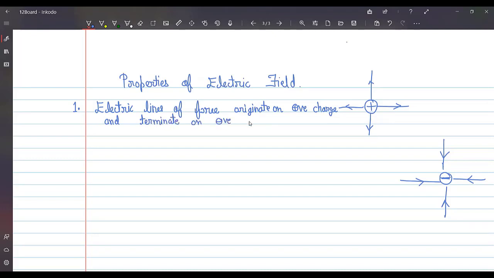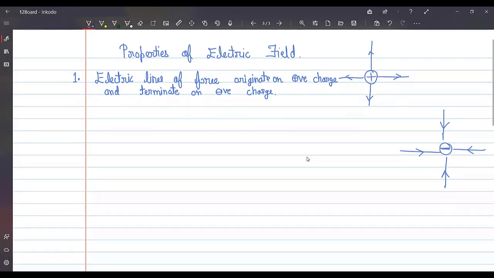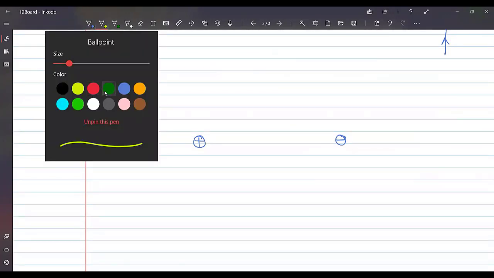That is the first property. So if I draw this, a set of positive and negative charge, later we'll see that if there is an equal positive and negative charge separated by a small distance, you call it a dipole. So electric field which is starting from the positive charge will terminate at the negative charge.